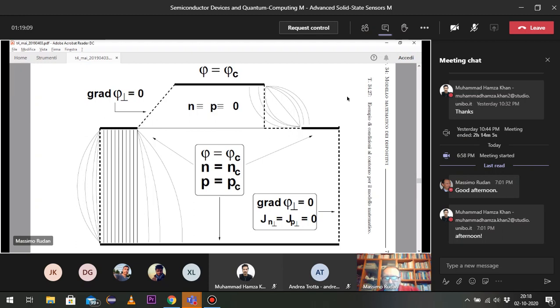So you see that there is one field line that is the field line with no slope, with no curvature, okay? That goes straight from the gate to the drain contact, okay? So along that field line, the field is parallel to the line, to the thin line, okay?